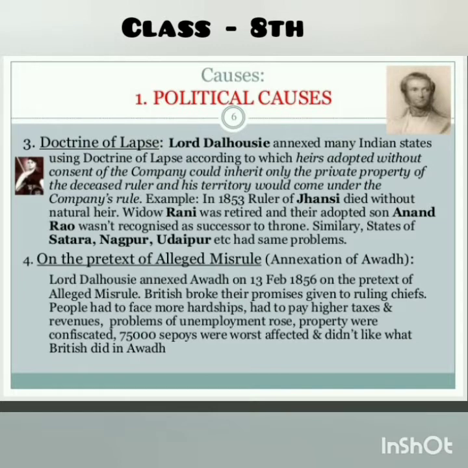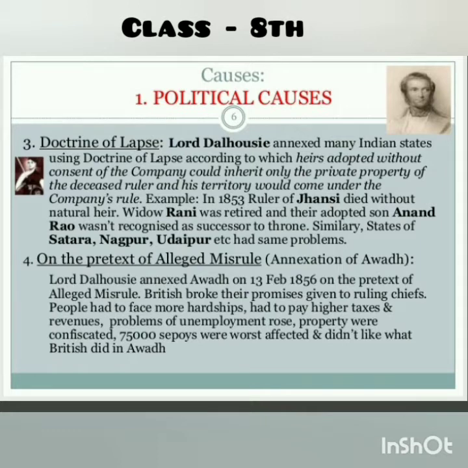For example, in 1853, the ruler of Jhansi died without leaving a natural heir. So the widow Rani was retired, and after her retirement, their adopted son Anand Rao was not recognized as successor to the throne. Similarly, the states of Satara, Nagpur, Udaipur faced the same problem of Doctrine of Lapse.